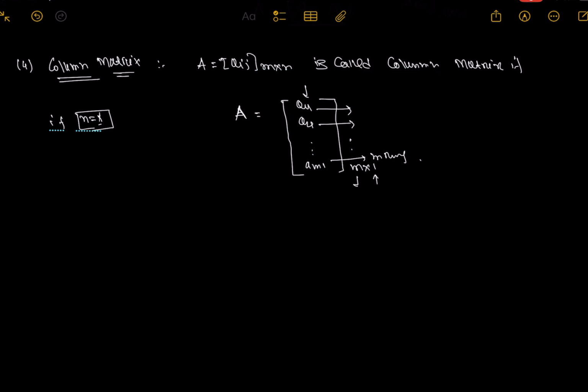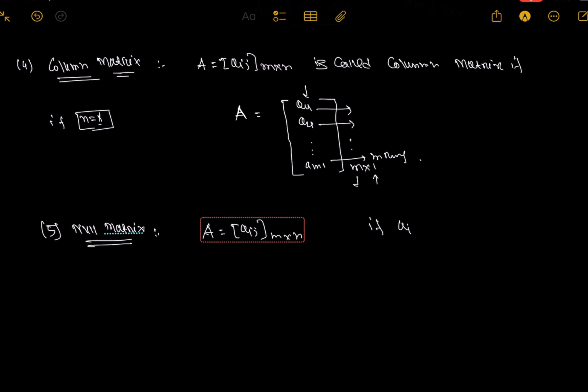After that, we know about the null matrix. What is a null matrix? Let us consider a matrix A equals Aij m cross n. It is called a null matrix if Aij equals 0 for all i and j.